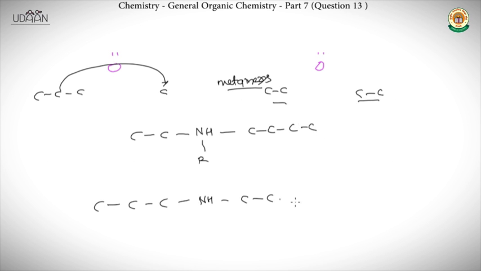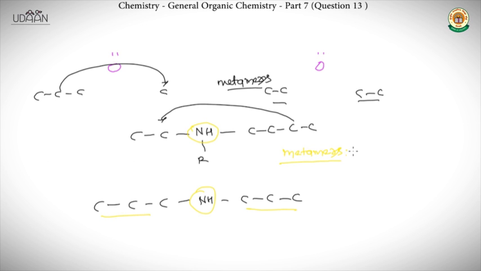One carbon jumps from one side to the other. The main functional group should be the same for metamerism. So metamers are positional isomers with one carbon being different in position.